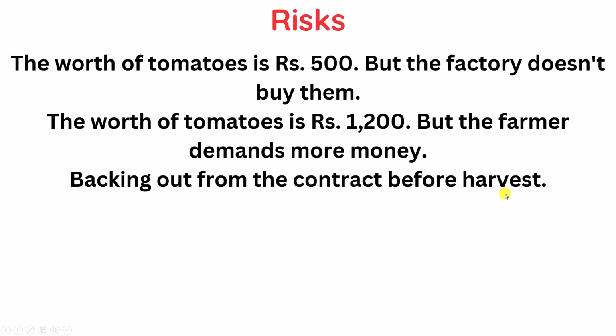He will say, no, I do not want to enter this contract wherein you are buying at 700 because I know it is worth 1000 now. So I am backing out of this contract. Or in the opposite condition, where at harvest the factory thinks that they will not be getting 700 rupees worth of tomatoes, they can back out from the contract too.